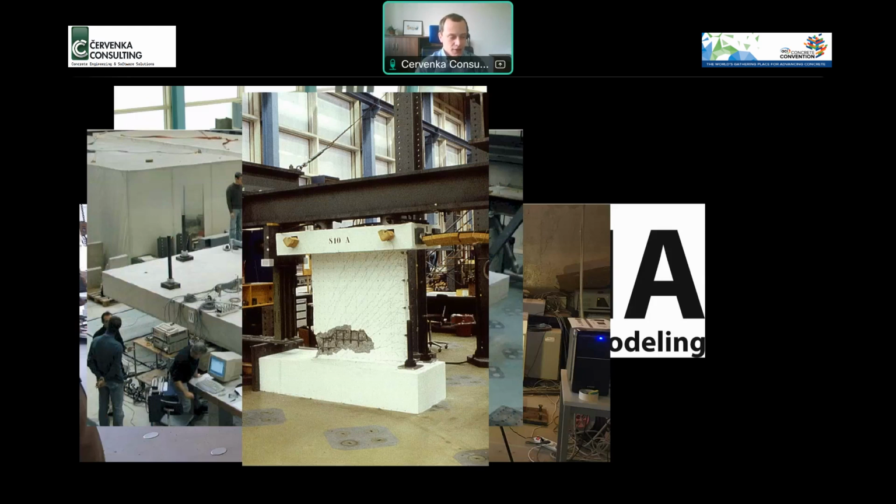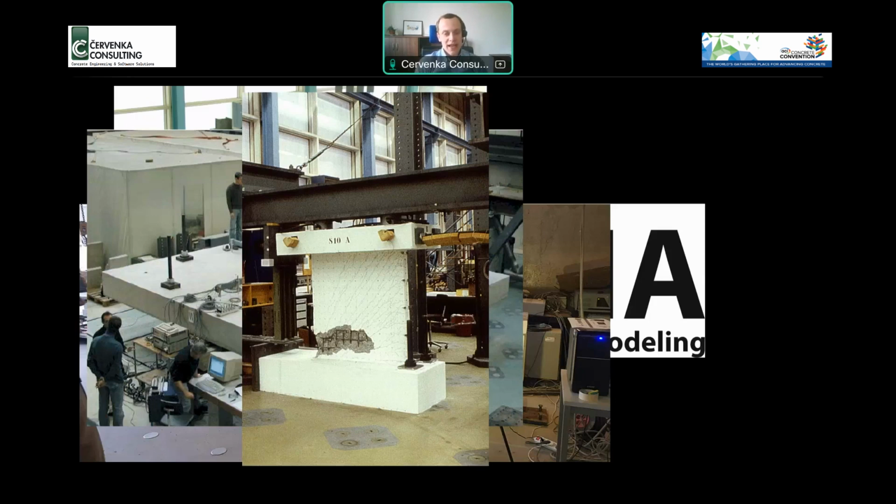And this is quite natural, because if we study something in the laboratory, we want to focus on one thing, one loading mode, and then base our formulas on this simple loading scheme.